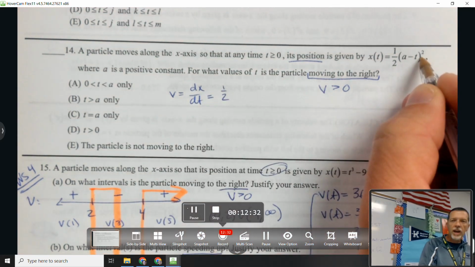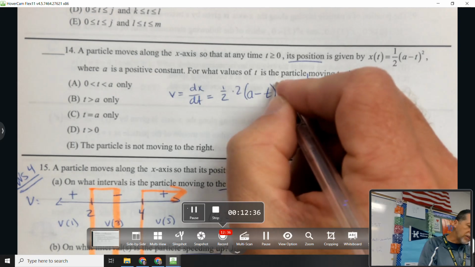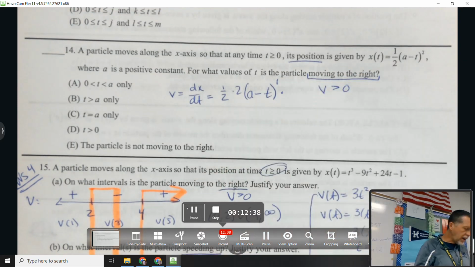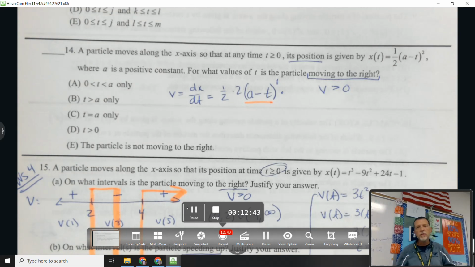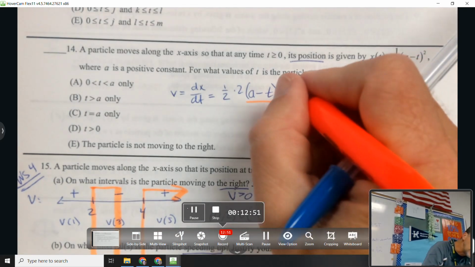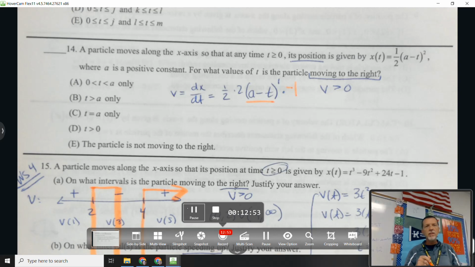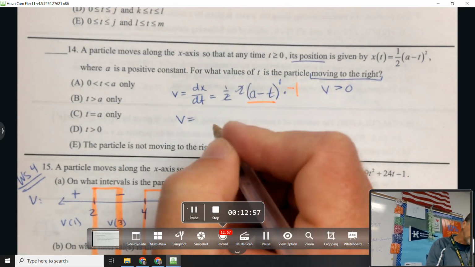So 1/2 times 2, bring the 2 down, a minus t to the 1, times, chain rule again, the derivative of a minus t. A is just a positive constant, so that's like 5 minus t. Well, the derivative of 5 minus t would be negative 1. Let's clean this up a little bit.